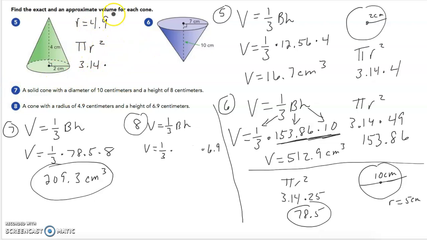So boys and girls, to find the area of the circular base, I have to do pi r squared. So I have to do 3.14 times the radius squared. The radius squared is 24.01, and I never multiplied that by 3.14.